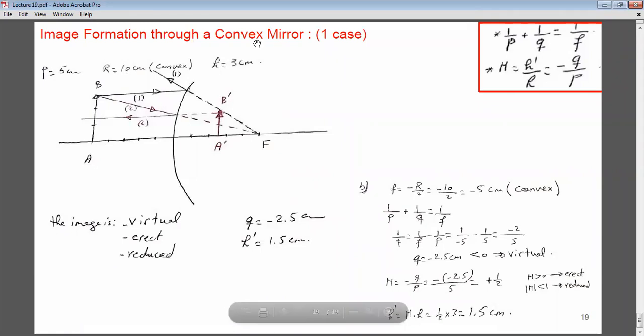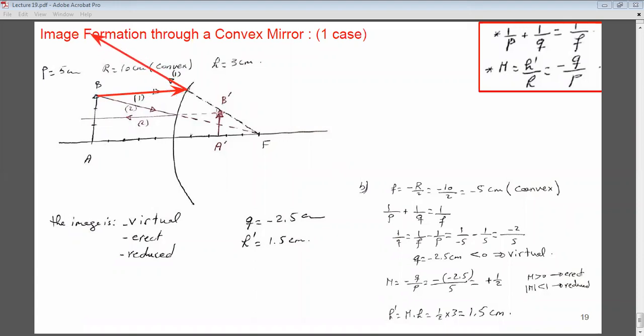To draw its image, I will draw 2 rays. One is parallel to the optical axis. It will be reflected as if it is passing through F. And the other one is going as if it is going to F, and it will be reflected parallel to the optical axis.